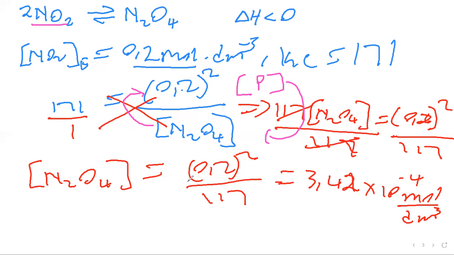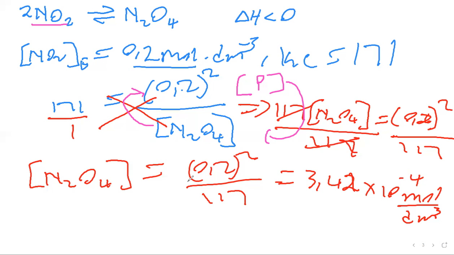0.54. Let me just say 0.55 your moles, right? Then it's going to be okay. Now I place it in my table, the moles at equilibrium for NO2 and N2O4.